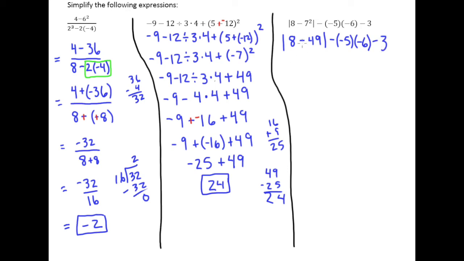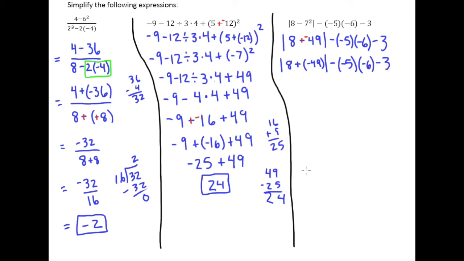Alright, and then once again we're subtracting, so I would suggest adding the opposite here. And so we end up with 8 plus negative 49 minus negative 5 times negative 6 minus 3.